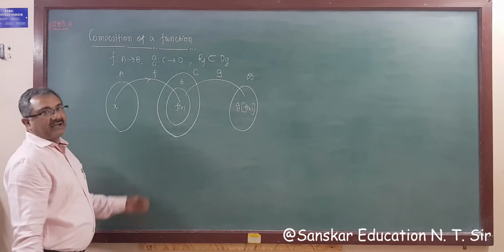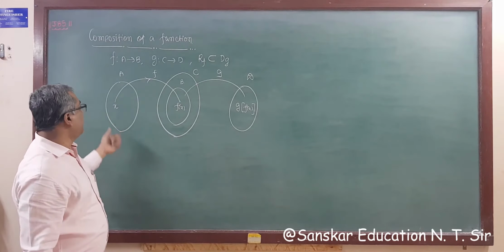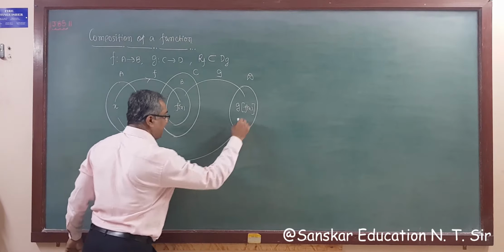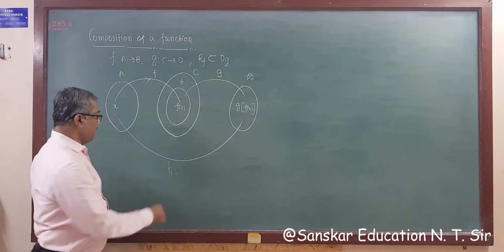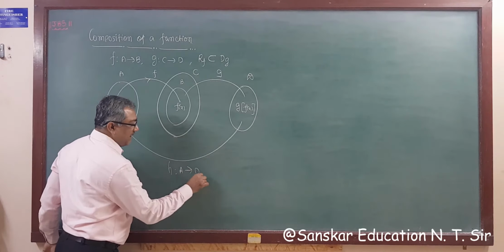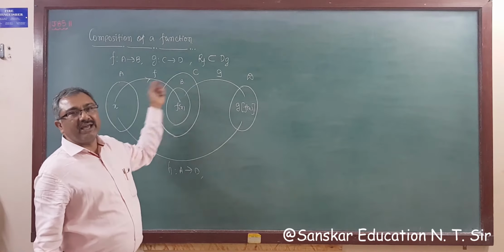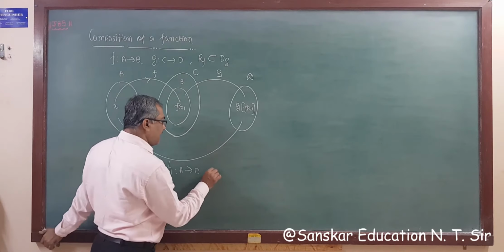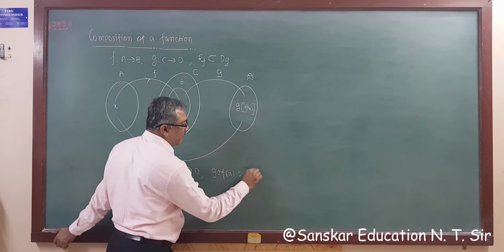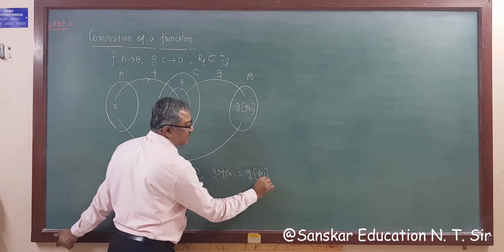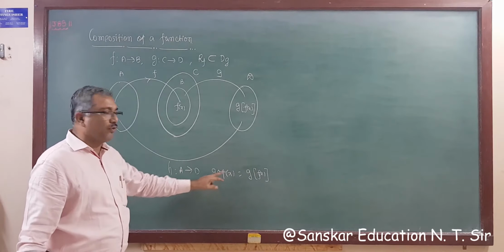That is, if the range of f is a subset of the domain of g, then we get a new function defined, say h, from A to D. This h, from A to D, is the composition of functions g and f, and is denoted as (g o f)(x) = g(f(x)). So it is called a composition function, g over f of x.